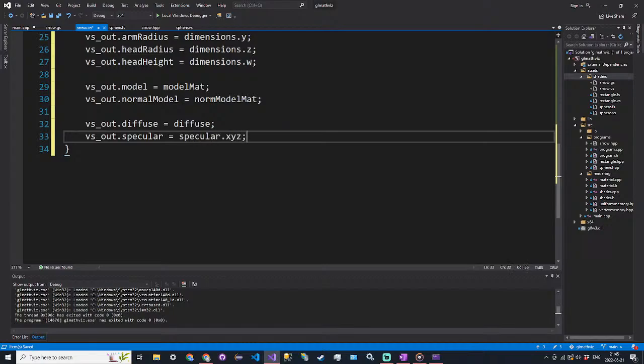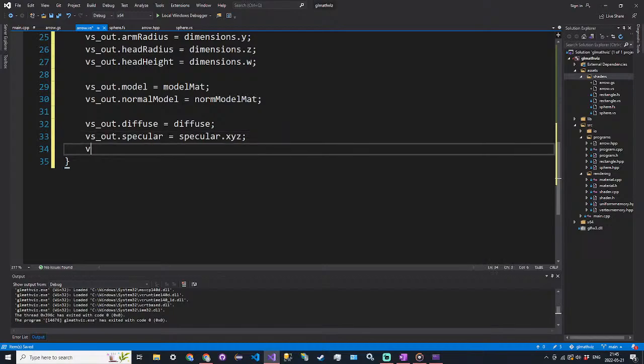So the output is a 3D vector. We pass in a 4D vector, which contains the specular color along with the shininess. And then we say vs out.shininess is equal to specular.w.